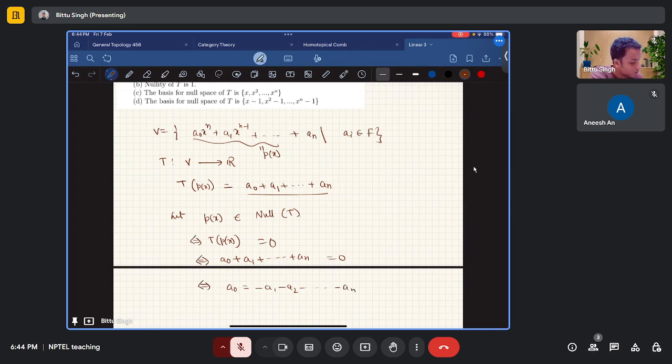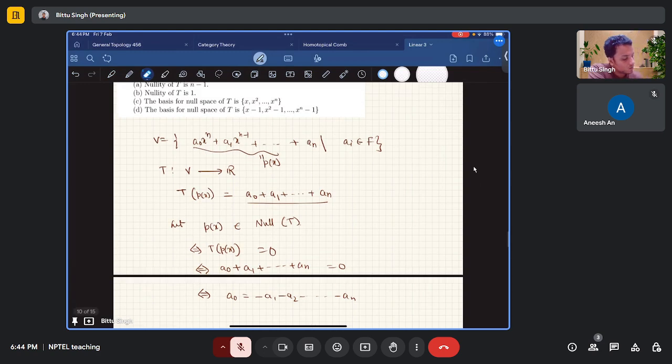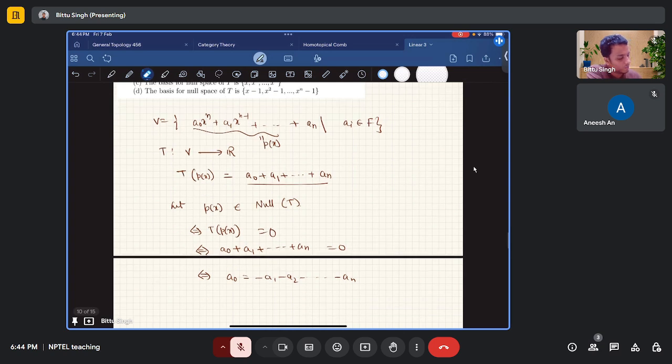P(x) belongs to the null space if and only if this holds. a0 takes the form of minus the sum of the other coefficients, with a negative sign. So what will be a basis for this?